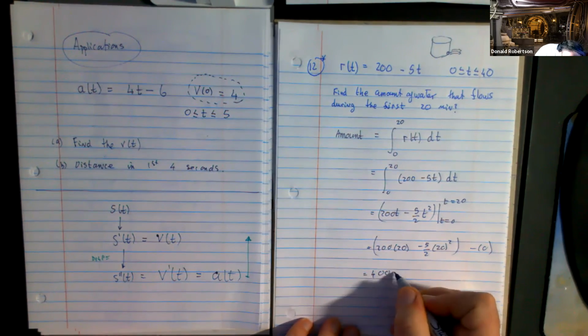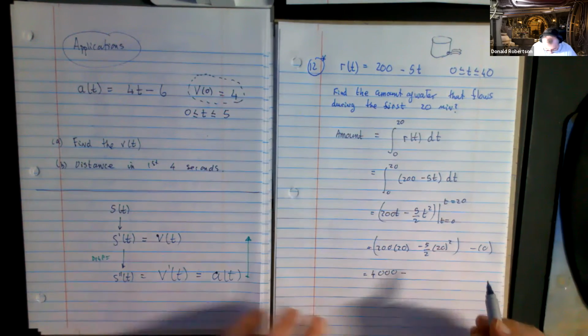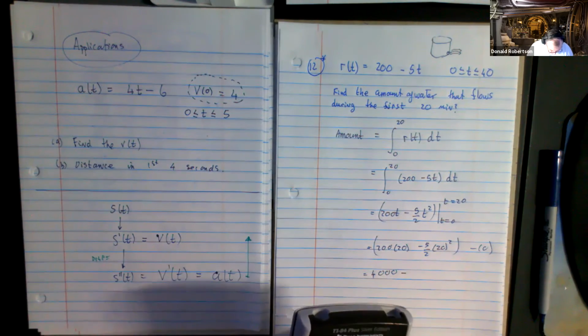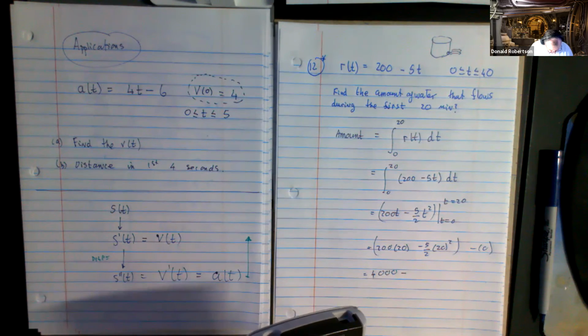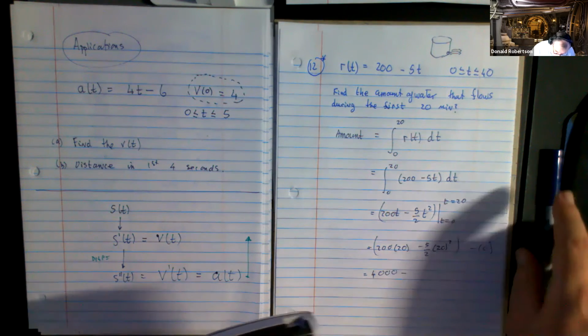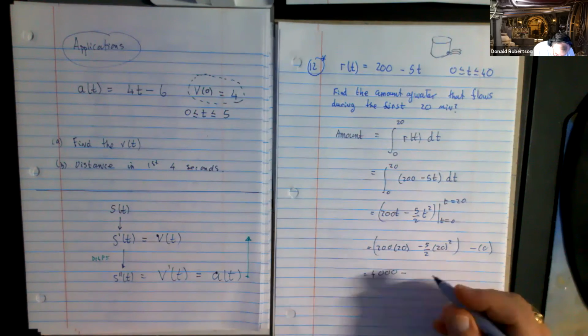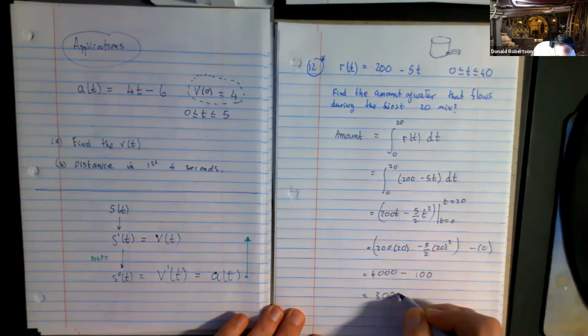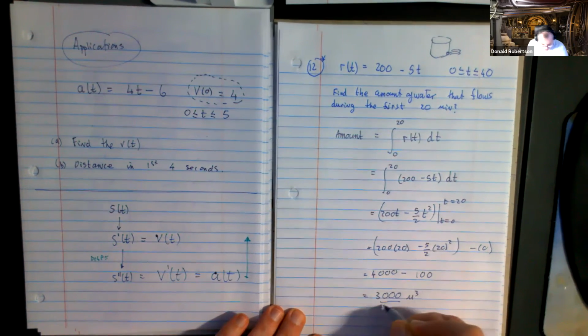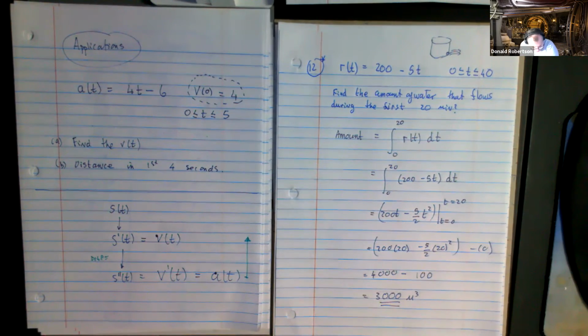So 4,000 take away some ridiculously big number that I'm about to find out, take away 1,000. And the answer is, whatever the units have to be, let's say they're cubic meters, that in the first 20 minutes, 3,000 cubic meters of liquid have left that tank.